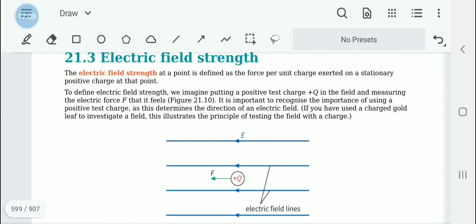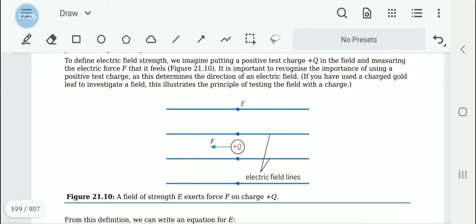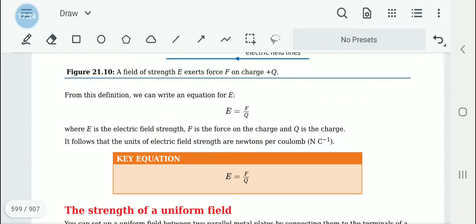Electric field strength at a point is the force per unit charge exerted on a stationary positive charge at that point. And then please draw this 21.10 diagram. Then you will understand this. Leave a line and write after drawing.